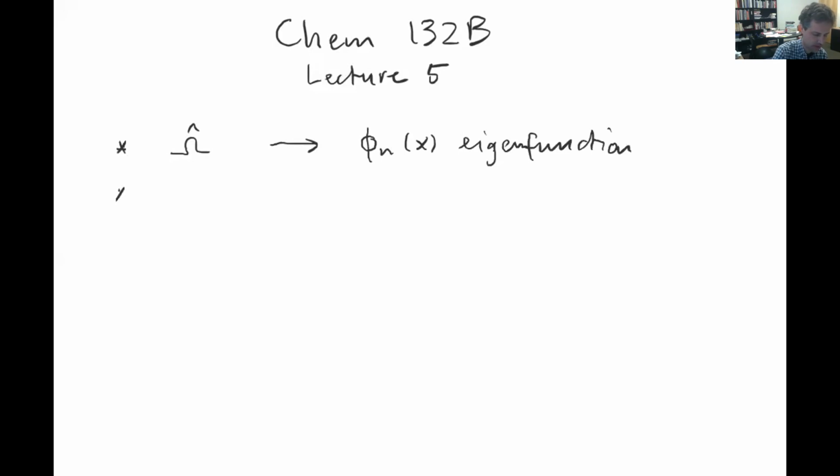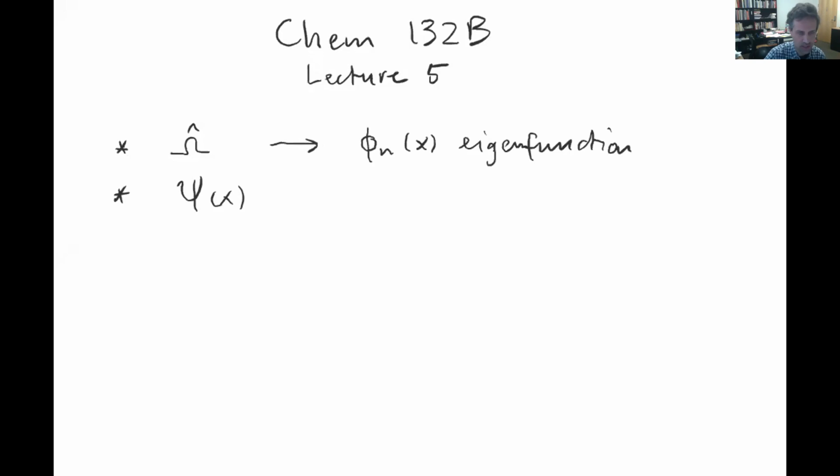The other thing, of course, is that my actual particle, in this case an electron, because that's what we're interested in as chemists, is described by psi of x or r, depending on how many dimensions you are considering the problem to be in. In this case, it's a one-dimensional problem, so just x is fine.